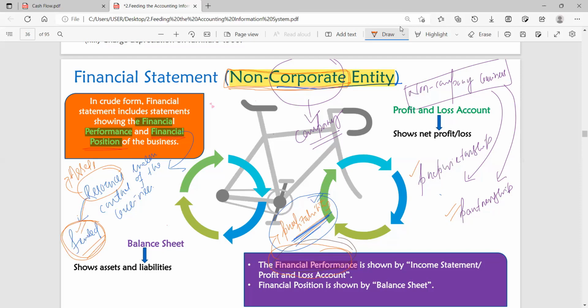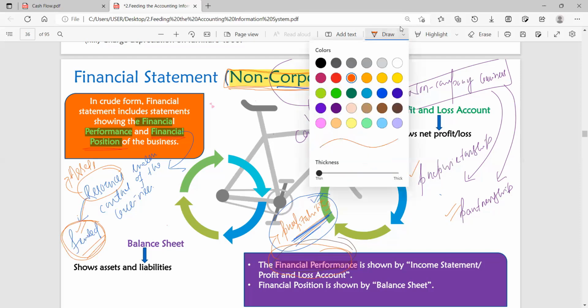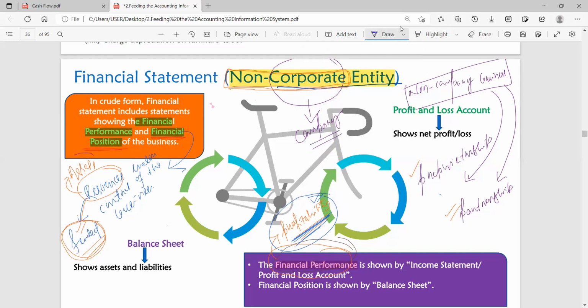So two aspects are basically disclosed here. One is the resources which the business owns or controls, number one. Number two, how these resources are funded: who all funded these resources or gave money to the business to create these assets. That is the second part of understanding our financial position.